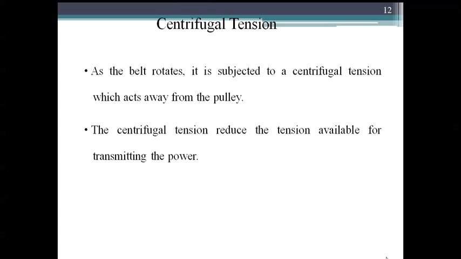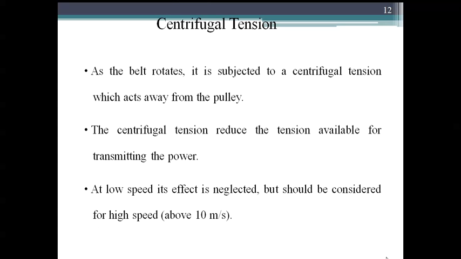Due to the centrifugal tension, the tension available for power transmission is reduced. At low speeds, this effect is neglected. It is considered for high speeds above 10 meter per second.